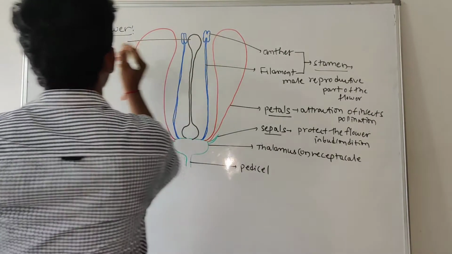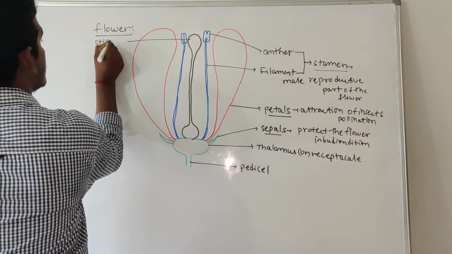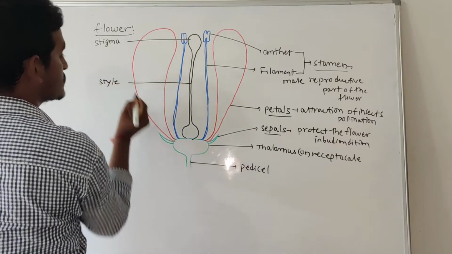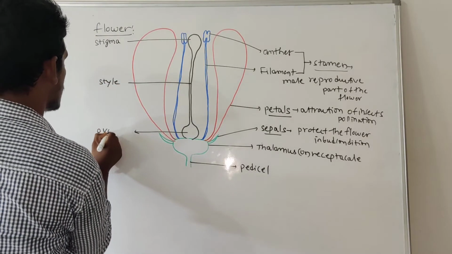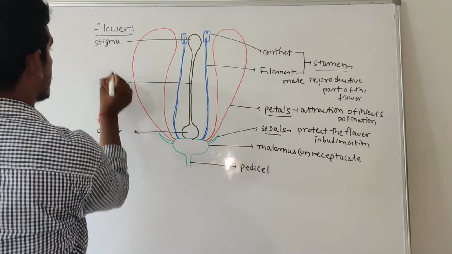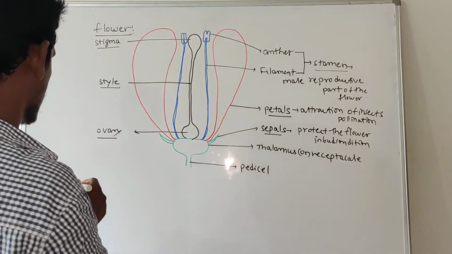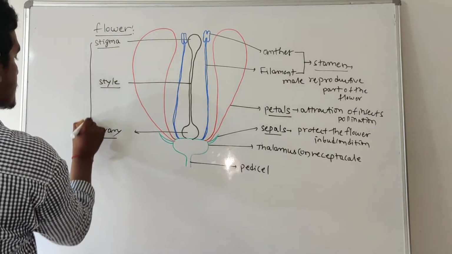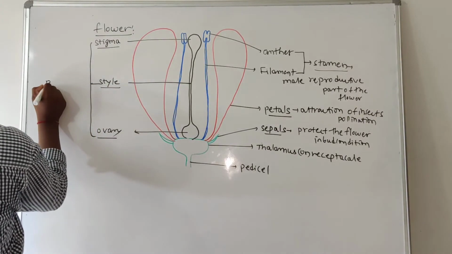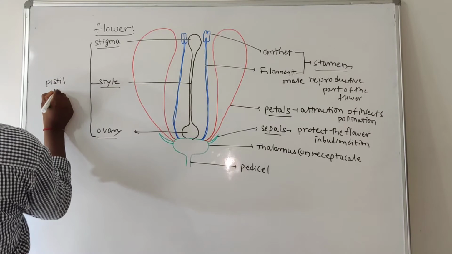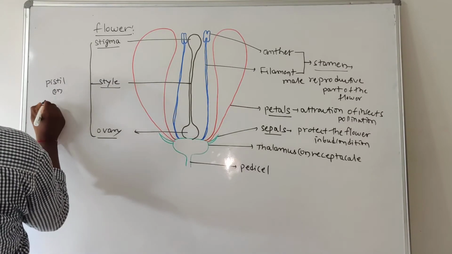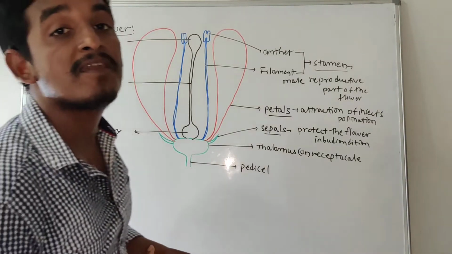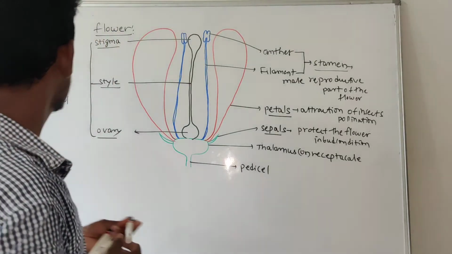The first one is the stigma, then the style, and then the ovary. Combined we call it a pistil or carpel. The collection of pistils or carpels is called the gynoecium. The pistil is the female reproductive part in a flower.